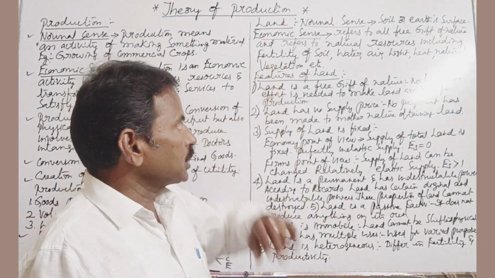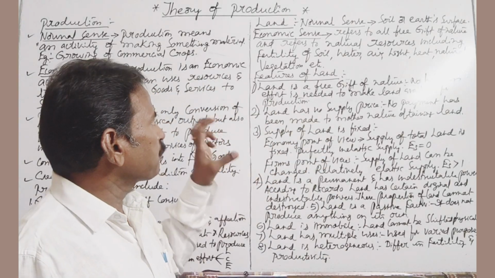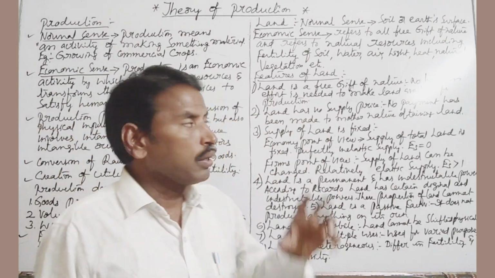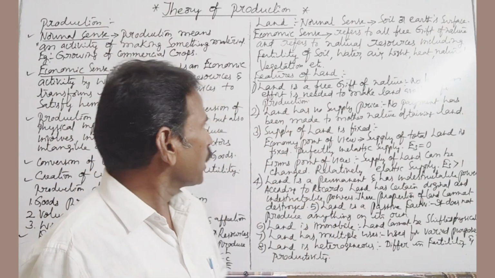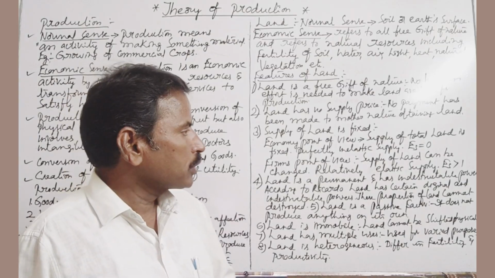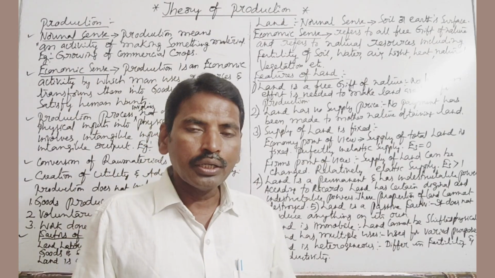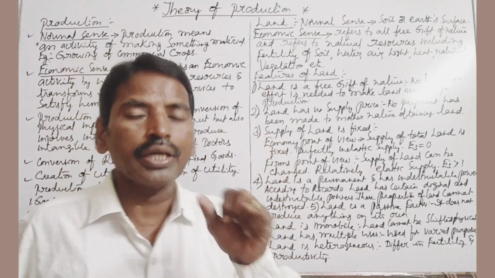Whereas in economic sense, land refers to all free gifts of nature and also refers to natural resources, including fertility of the soil, air, water, light, heat, natural vegetation, etc.